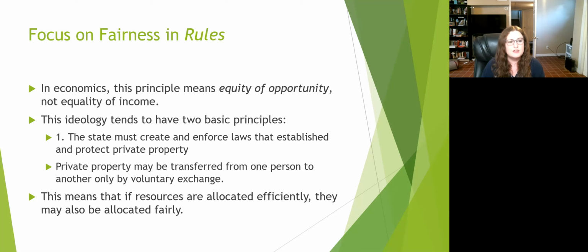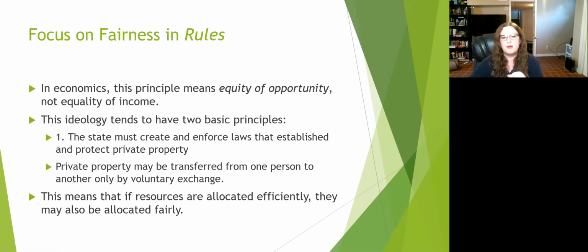So it tends to have two basic principles when we're focusing on the fairness of rules. First is that the state creates and enforces laws that establish the protection of private property. So if this book belongs to me because I worked hard for it, this is my book, that's private property, right? In a case with no private property, there's no equality of opportunity for people to buy books if the books don't belong to anyone.